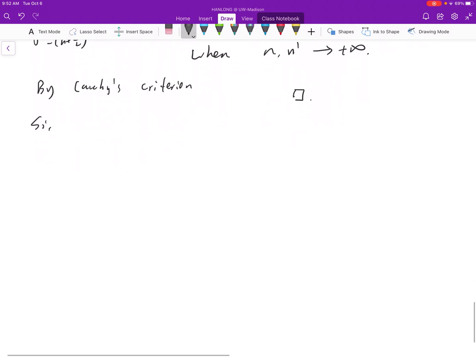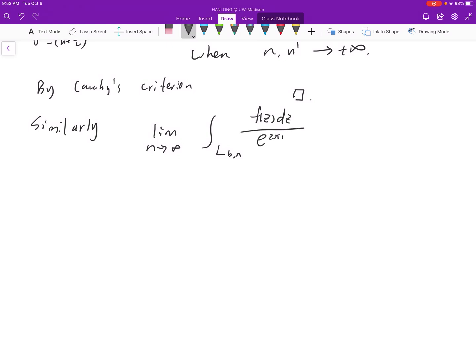Similarly, we can show that the integral along L_{-B} of f(z) dz divided by e^{2πiz} minus 1 exists.